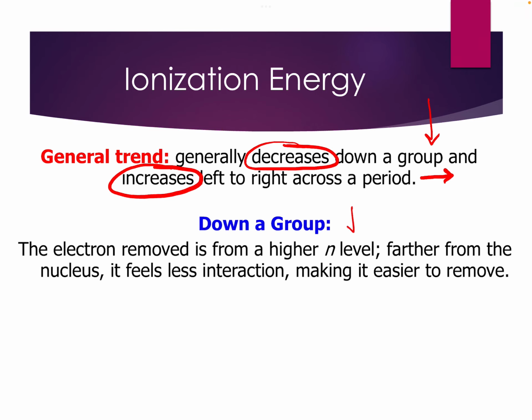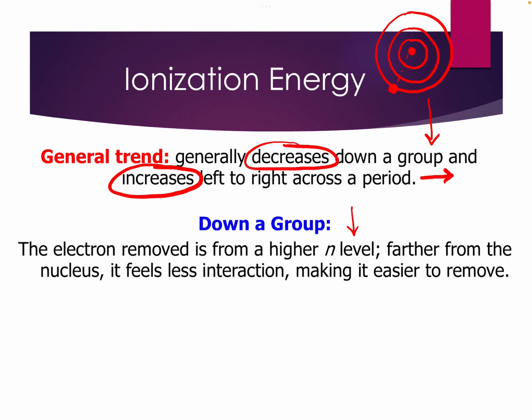As we go down a group, those electrons are farther and farther from the nucleus. And the farther that electron is from the nucleus, the easier it is to remove. Remember, this nucleus is positively charged, and so this electron, since it's negative, is attracted to the nucleus.